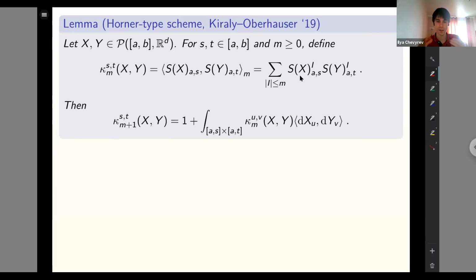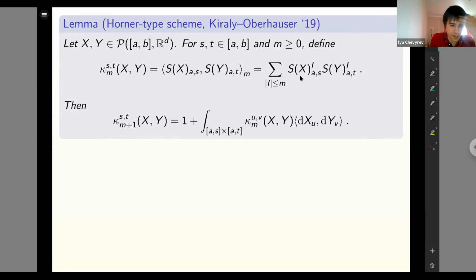Just like for the classical Horner scheme, there's a Horner scheme for signatures. So you can compute the inner products of signatures in a recursive way without ever needing to compute the signatures themselves. The running time, for say piecewise linear paths, I will present on the next slide. So let's first see the mathematical statement.